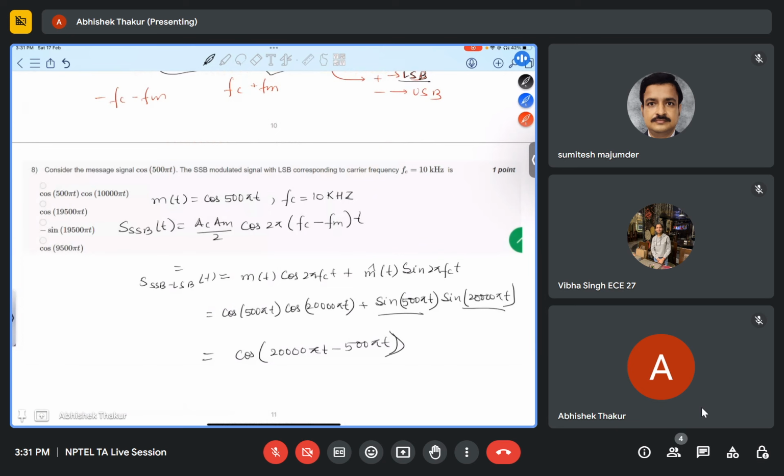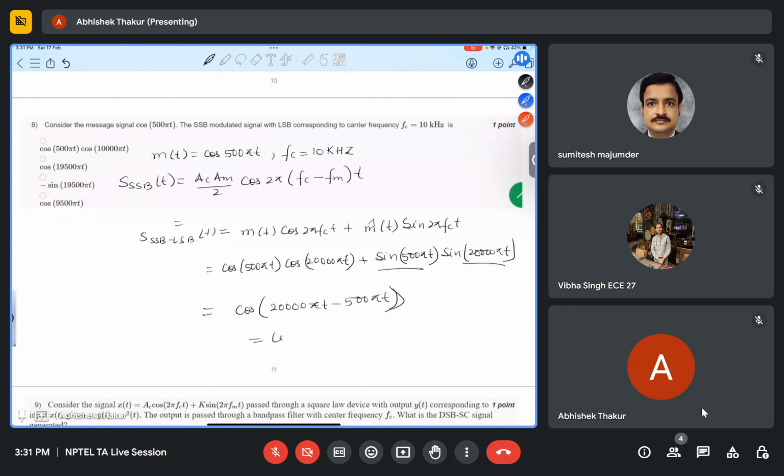So this is equal to cos of 2 pi (fc minus fm) t. So fc is 20,000, fm is 500. For this question, fc is 10,000 and fm is 250, because this is 2 pi fm t. So fm will be equal to 250.